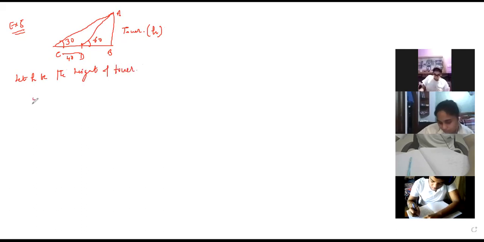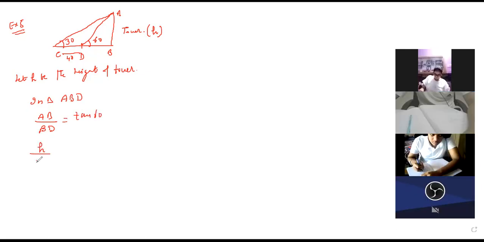So in triangle ABD, AB upon BD is equal to tan 60. AB is h, BD I want to find, tan 60 is under root 3.